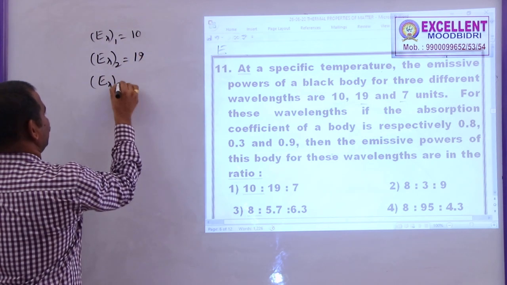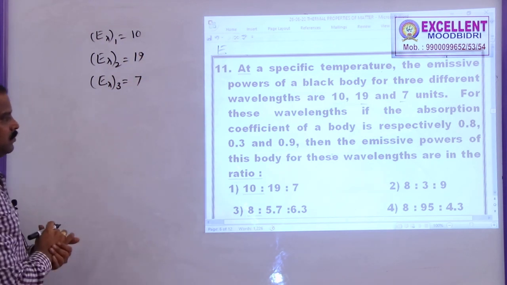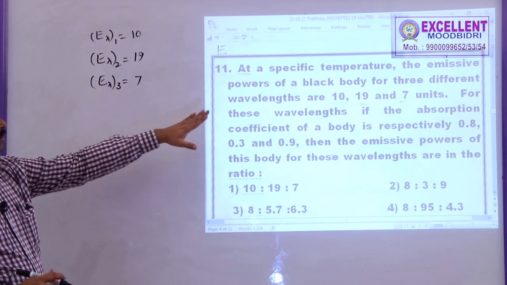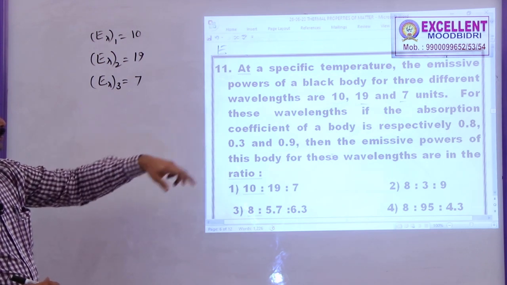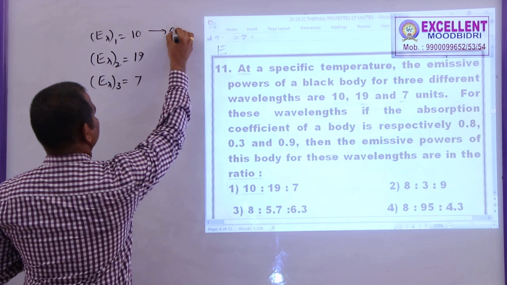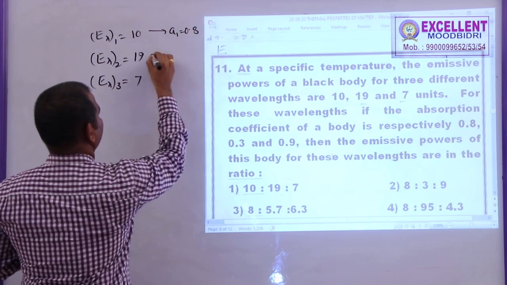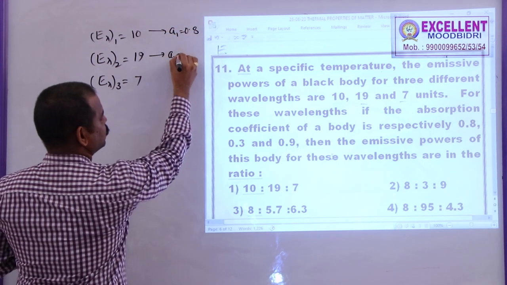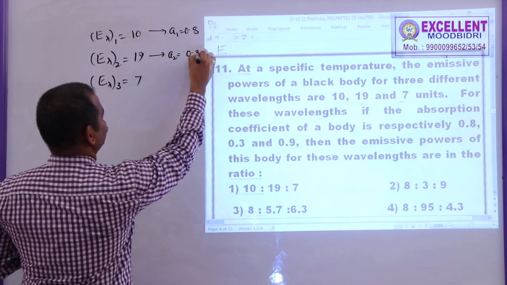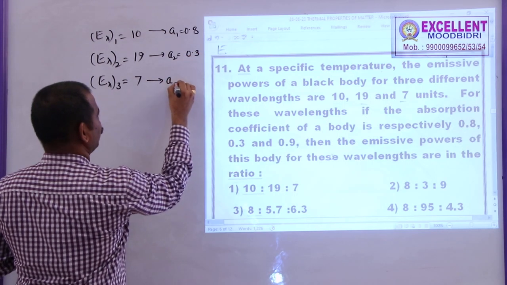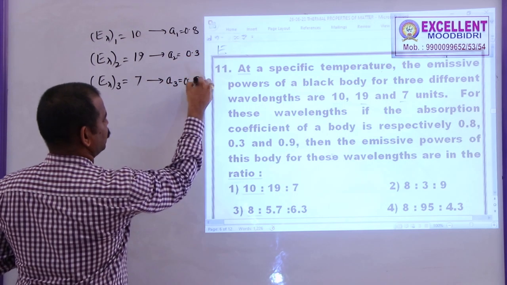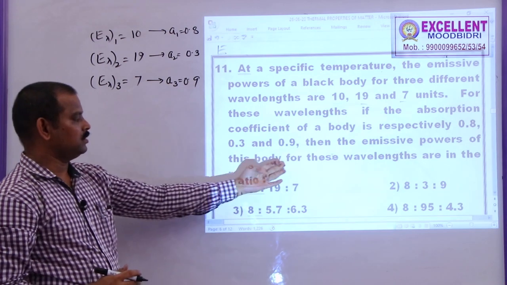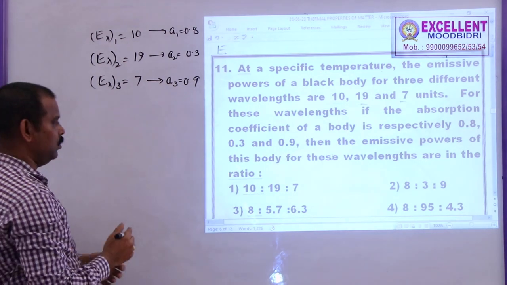E at a third wavelength is 7 units. For these wavelengths, if the absorption coefficients of the body are respectively 0.8, for this absorption coefficient is 0.8, for this absorption coefficient is 0.3, for this absorption coefficient is given as 0.9. So what are the emissive powers of these bodies in the ratio?